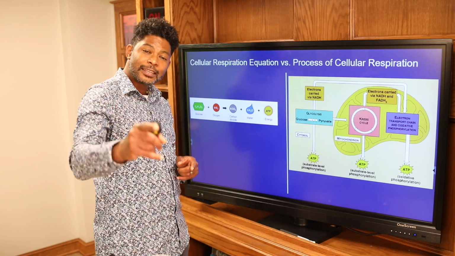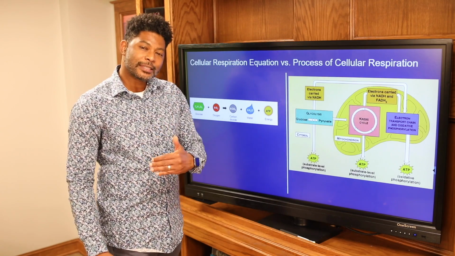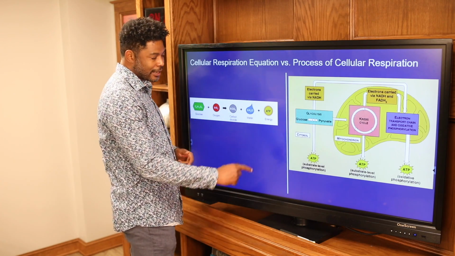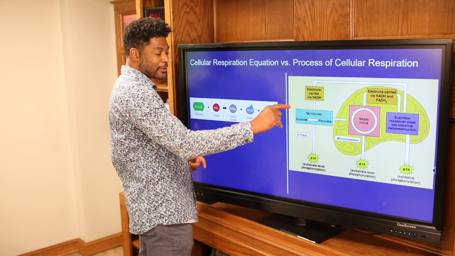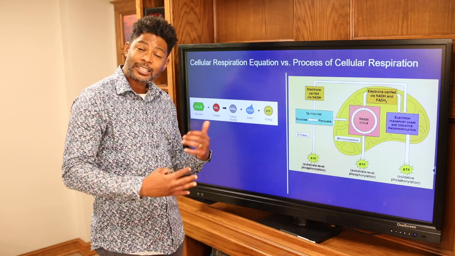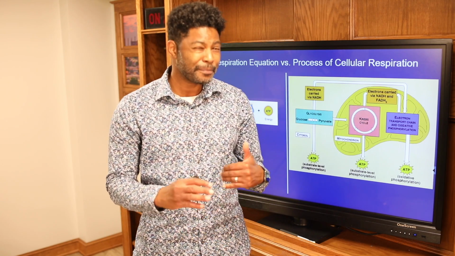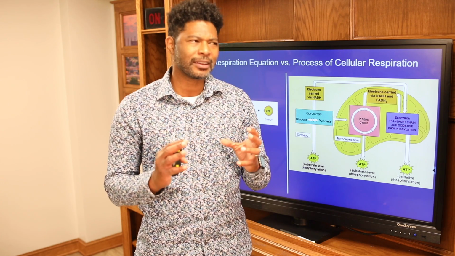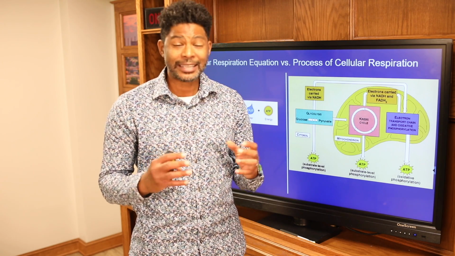The difference is, with photosynthesis, light energy went in. With cellular respiration, chemical energy comes out. That's what an ATP is. It's actually a chemical molecule. To be very, very specific, it's one of our nucleic acids, like DNA and RNA.